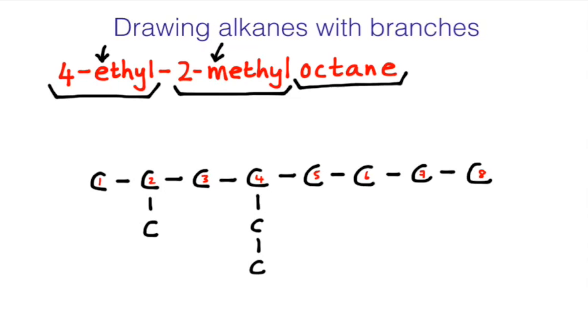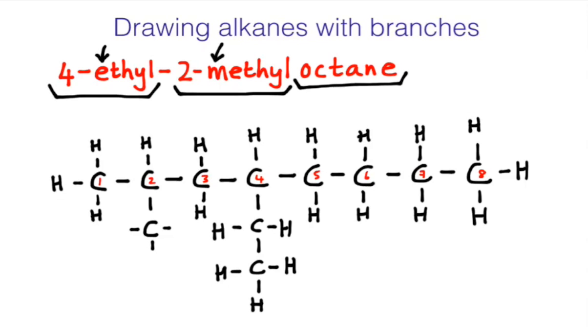And the 2-methyl, on carbon number 2 we have a methyl group, a single carbon branch. We then put in all the other bonds. Remember, every carbon atom must have 4 bonds, so check carefully. We then put in all the hydrogens and get rid of the numbers. You can just go through and make sure every carbon has got 4 bonds. The 4-ethyl, there's our branch on carbon 4. The 2-methyl, our branch on carbon 2.